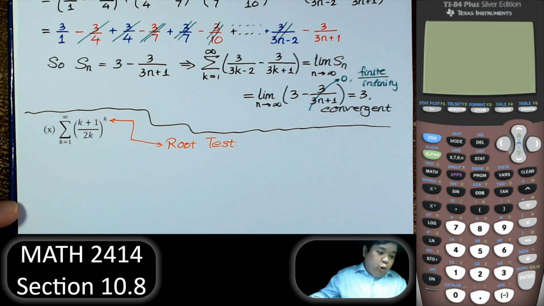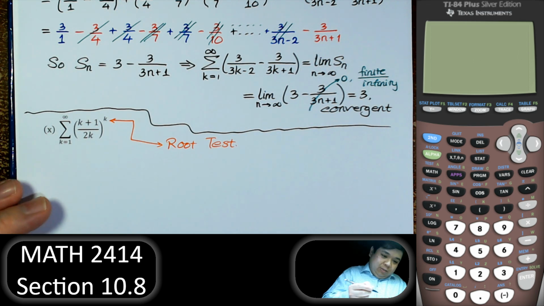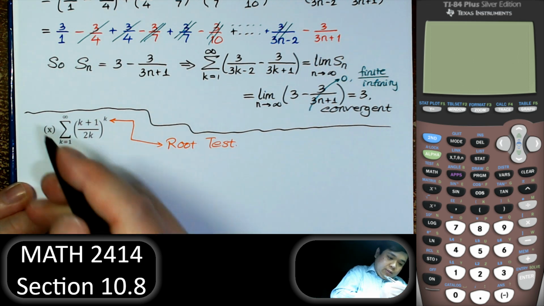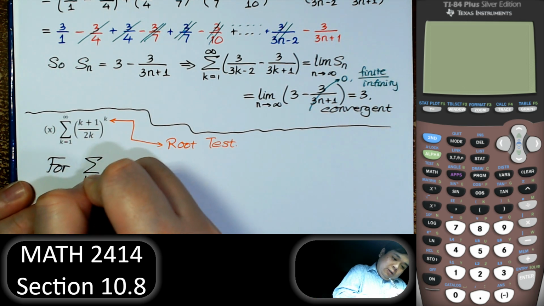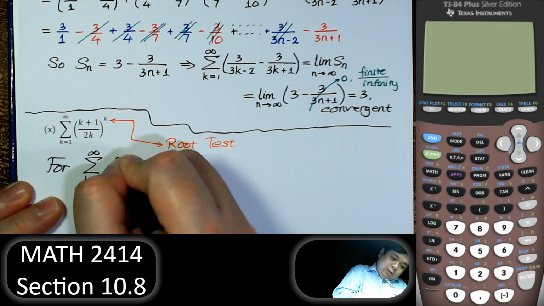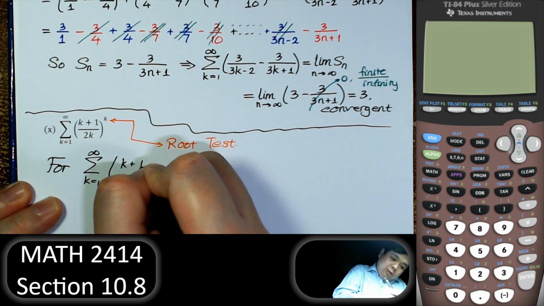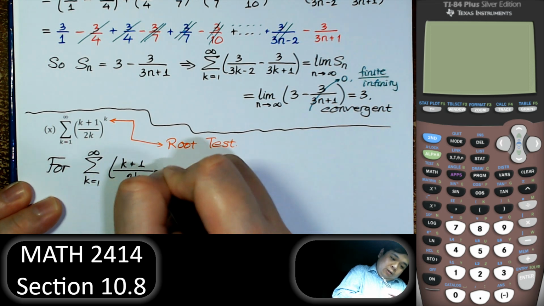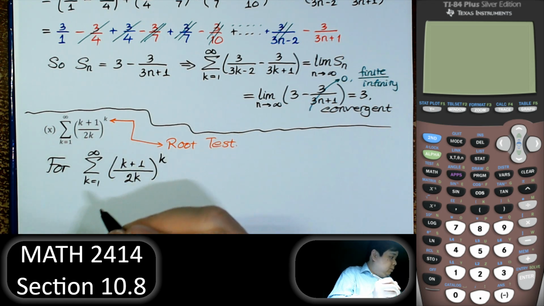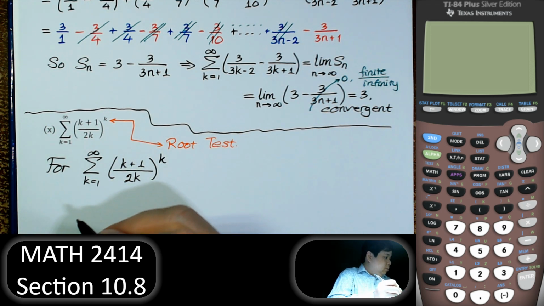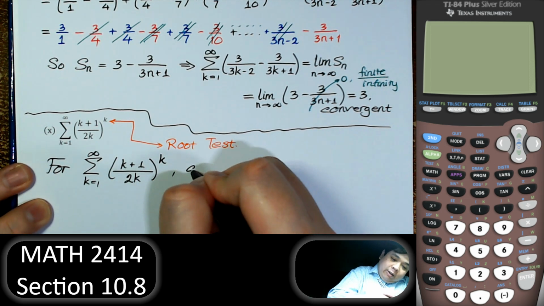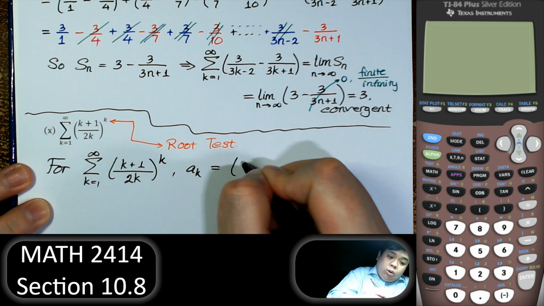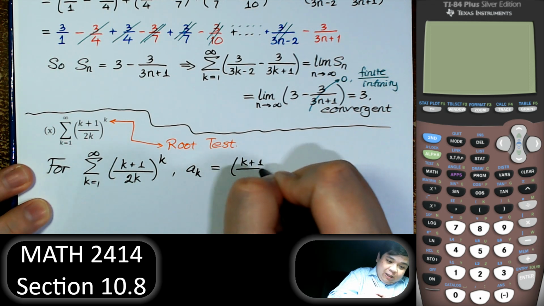So for the root test, let's write out what h of k is. h of k equals the whole thing with the power of k.